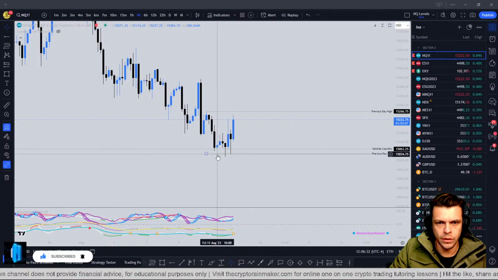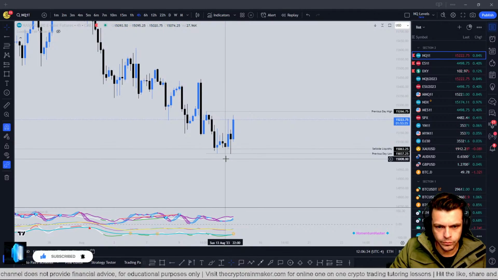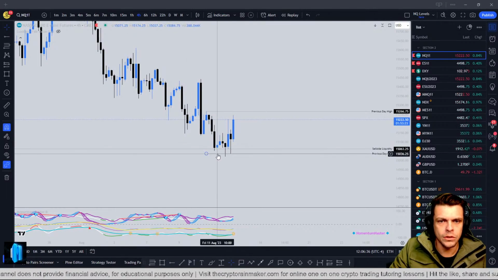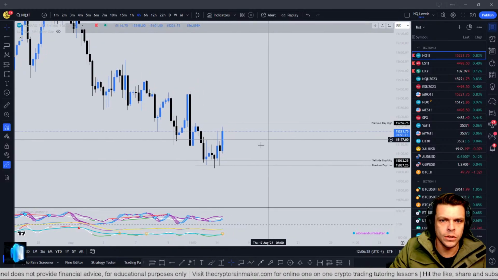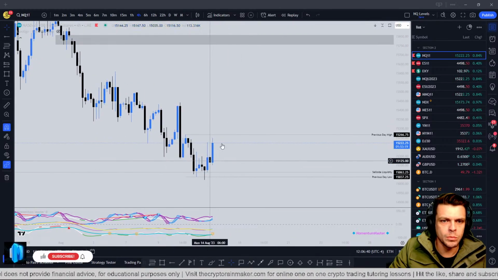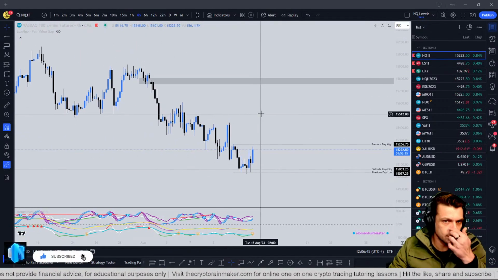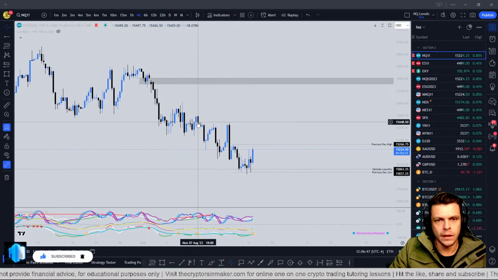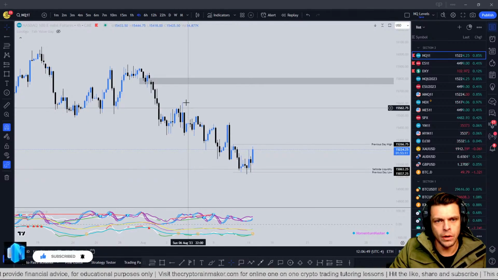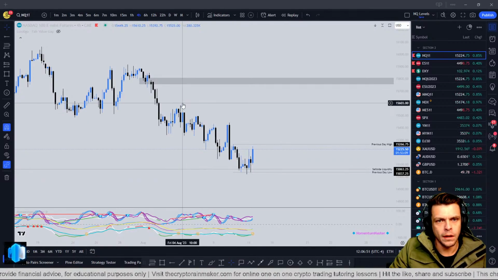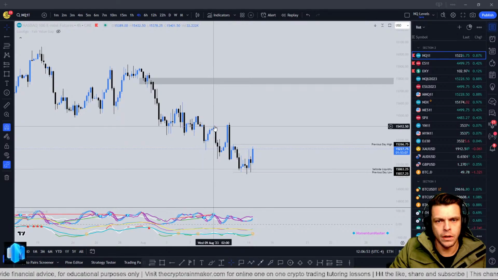So here on the 4-hour, you can see we came down, took out the sell side liquidity, and now we are seeing a bit of displacement to the upside. Also, if we look at the market structure, we had a series of lower highs. Basically we had a lower high right there, right there, right there.